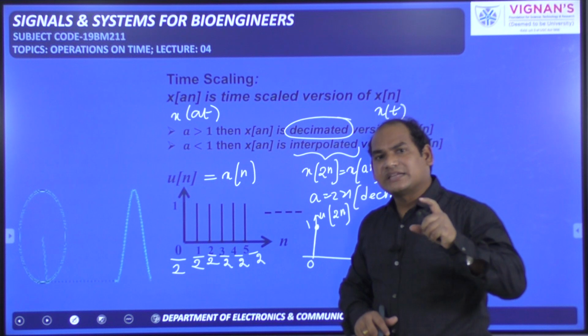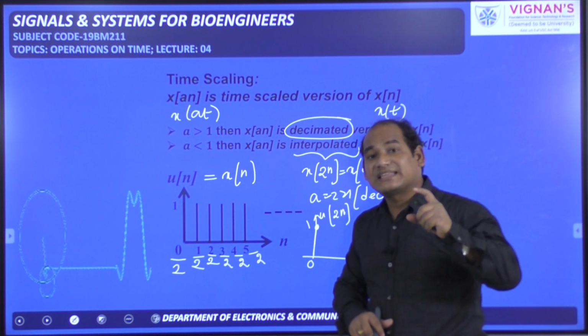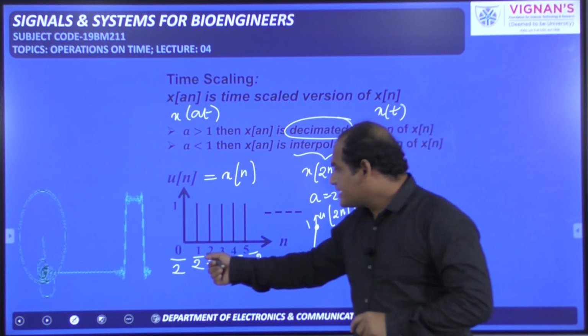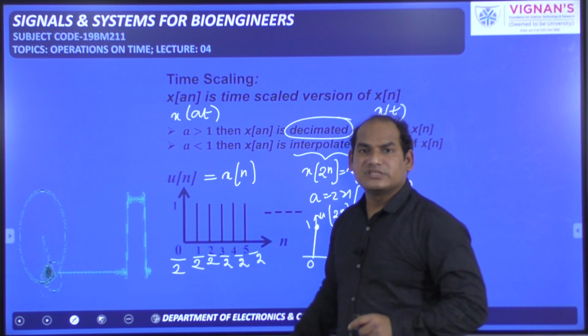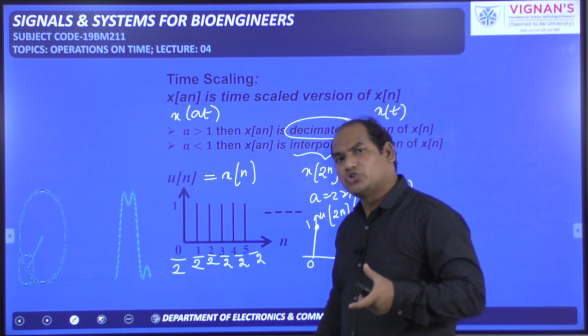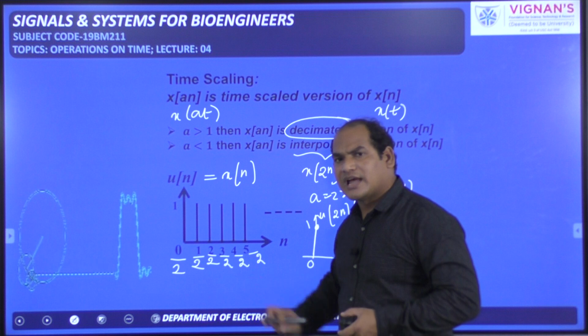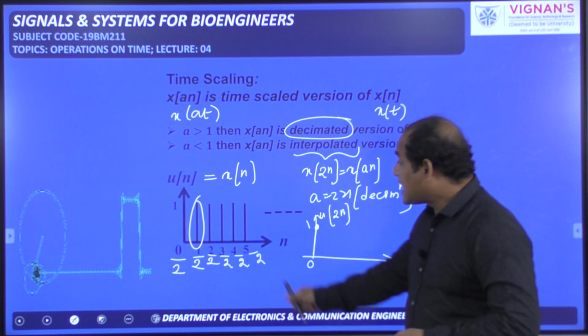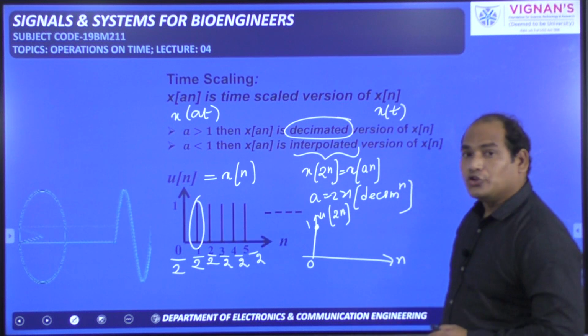Discrete signal means amplitude is defined only for the integer values of the independent variable n. But here what is happening, 1 by 2 we are getting, 1 by 2 is 0.5, it is a decimal number. So it is in between 0 and 1, so it is a non-integer value, so we should not take this sample. The sample will not be available in the x of 2n.